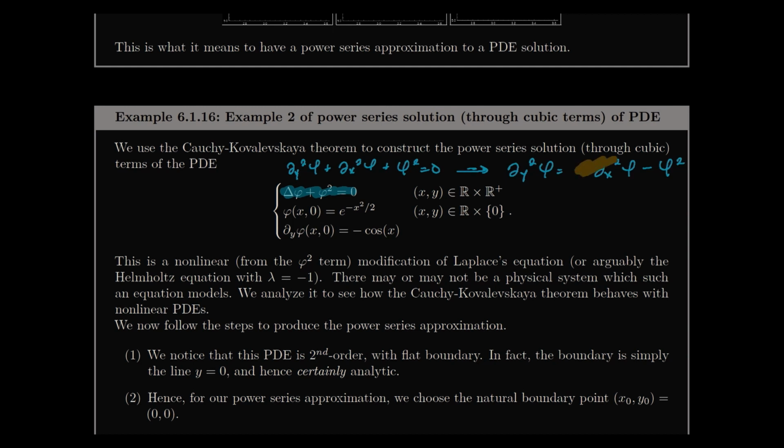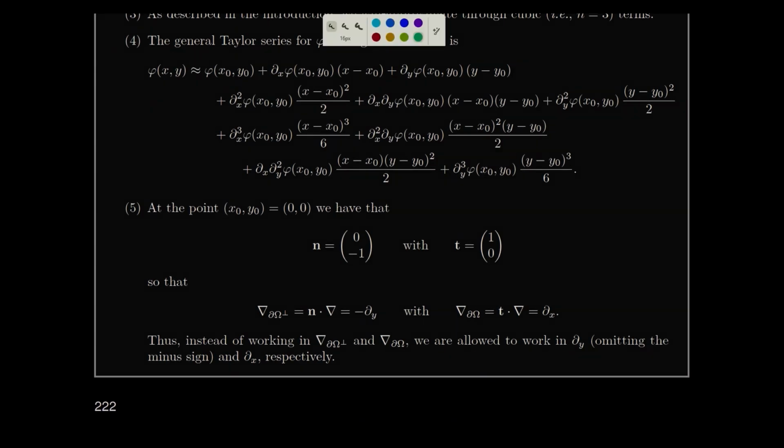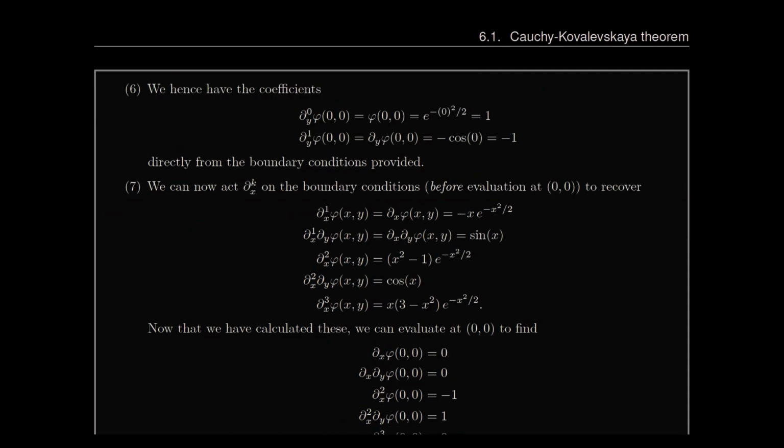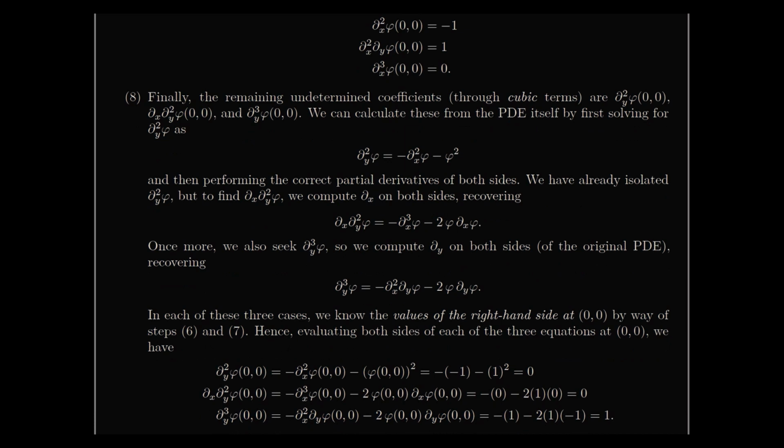Now this is good because I've actually been able to calculate all of these from Cauchy data and or tangential derivatives of Cauchy data. That means that all the information on the right-hand side can be used to give me the information on the left-hand side. And the information on the left-hand side is what I need right there. It's that coefficient. So let's go down, step 8. And you can see I've done exactly that. I've isolated two derivatives in y to the left-hand side.